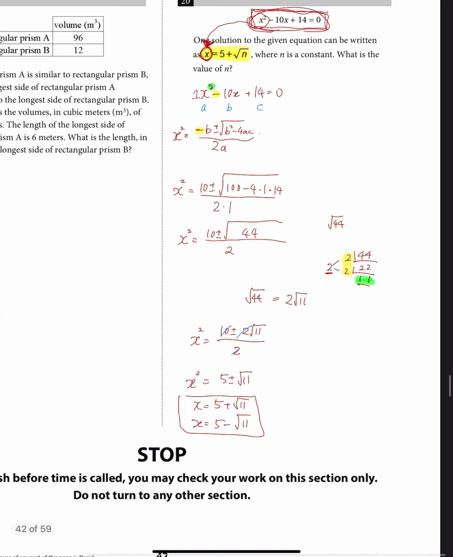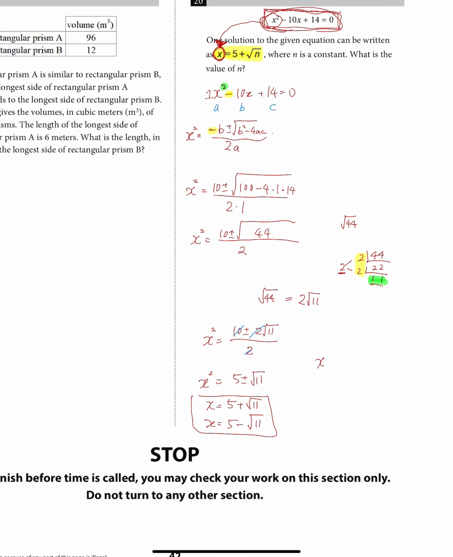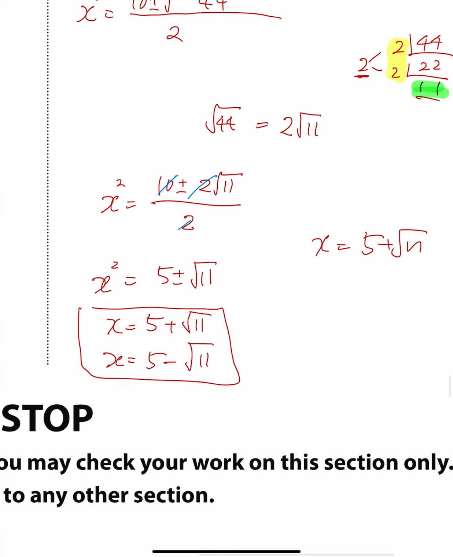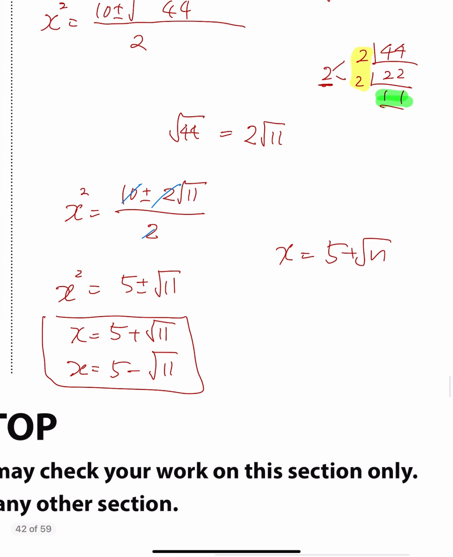Now we know that x is 5 plus root n. You have a similar style of equation, 5 plus root 11. So let's put this here.